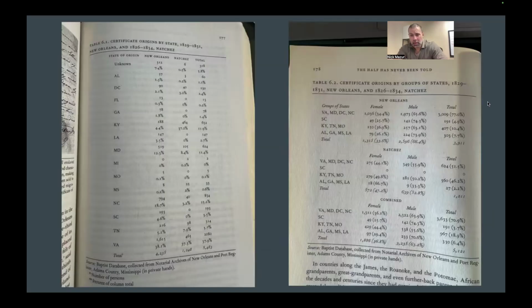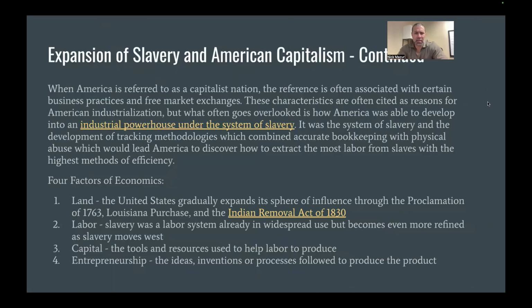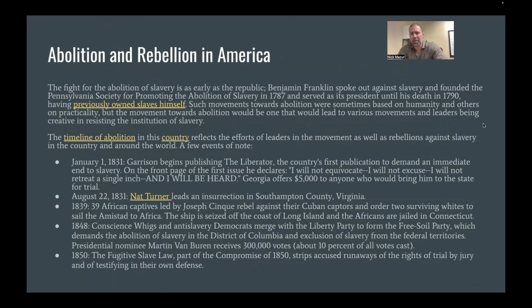Now, you can take a look at some of the data and all the expansion and everything else like that, but I want you to try to understand how exactly we get to abolition. Now, as early as the documentation goes in terms of these slave ships, as early as the 16th century, there's documentation of how slaves are treated, the conditions on the boat, the people who were once slaves themselves, their documentation, their stories, right?